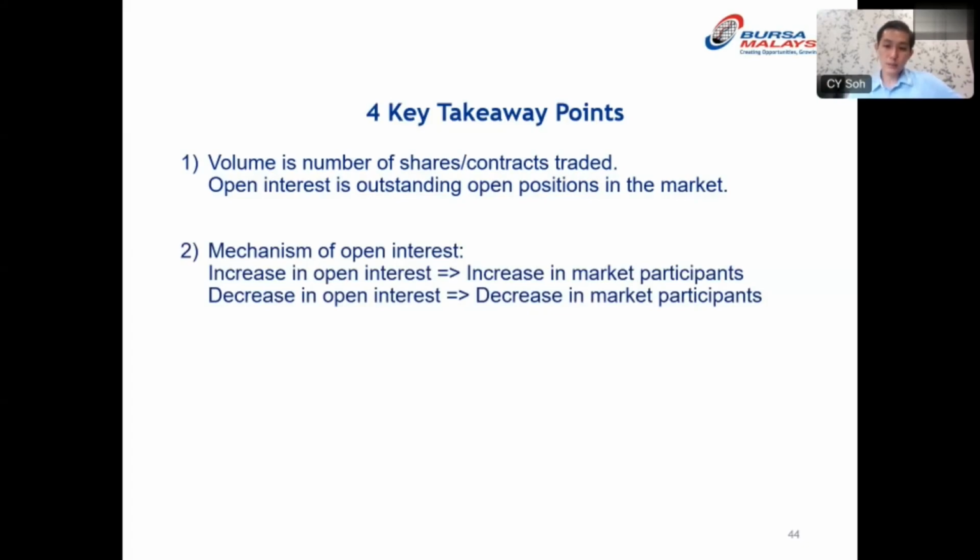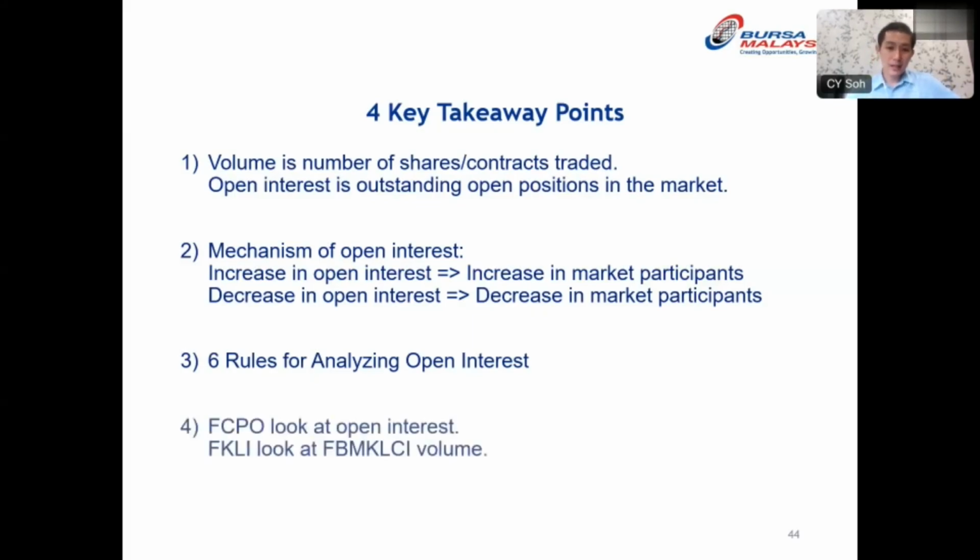A reduction in open interest means fewer participants join the market. And I have shared with you the 6 rules for analyzing open interest. You just need to familiarize yourself with rule number 1 until rule number 4 only. And these 6 rules are applicable for the FCPO market.